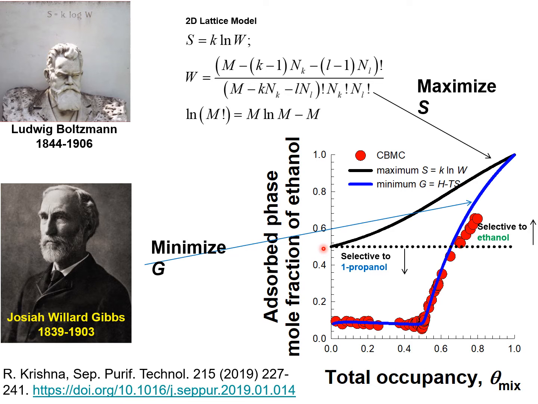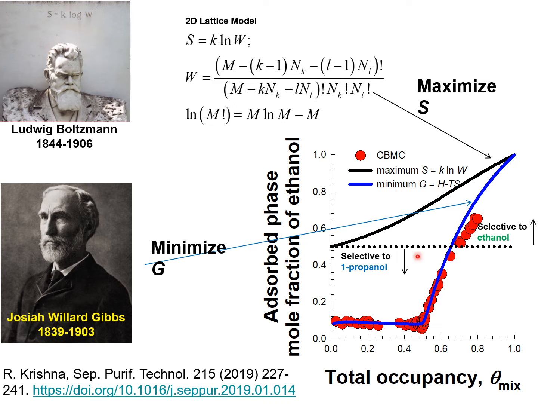At low pore occupancies, there is no entropic preference for either ethanol or 1-propanol. However, as the pore occupancy theta increases, entropy considerations favor the smaller ethanol molecule because there are more ways in which the Kamer, which is ethanol, can be arranged on the checkerboard.